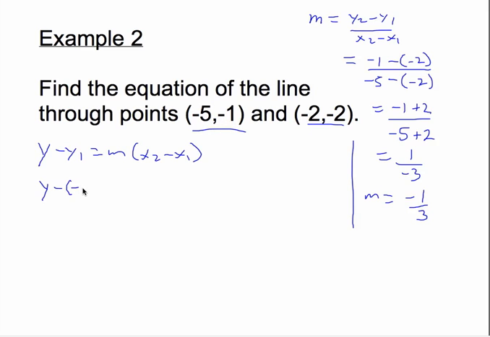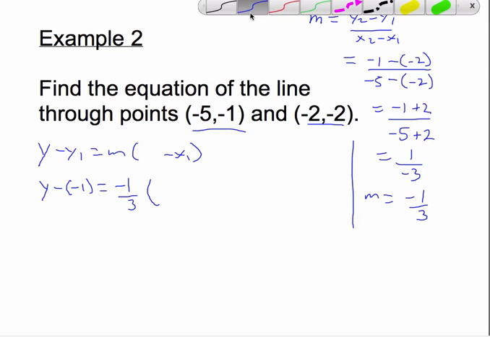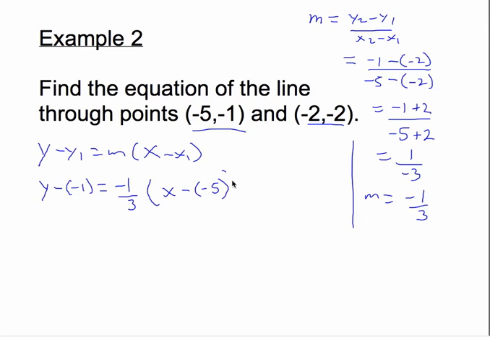So y minus -1 equals the slope, which is -1/3, and we'll have x minus -5. Okay, I'm going to simplify these negatives. That's y plus 1 equals -1/3 times x plus 5.